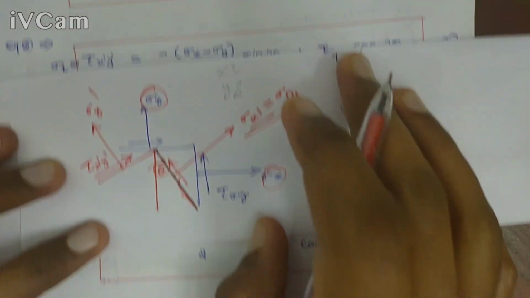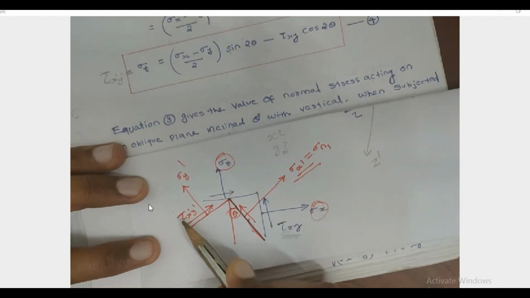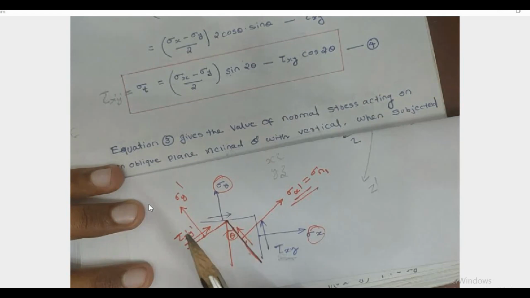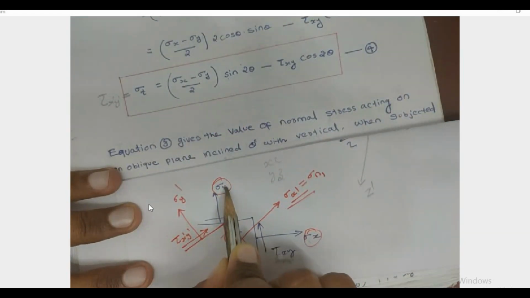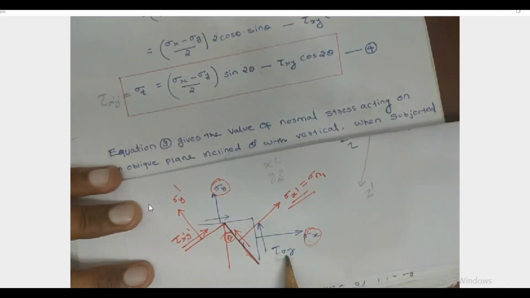Similarly, the tau x dash y dash. To calculate tau x dash y dash, this is the equation: sigma x minus sigma y by 2 into sin 2 theta, minus tau xy into cos 2 theta.